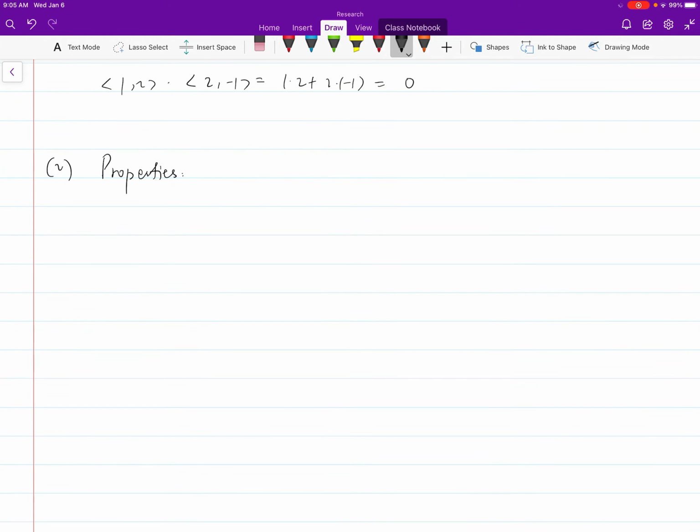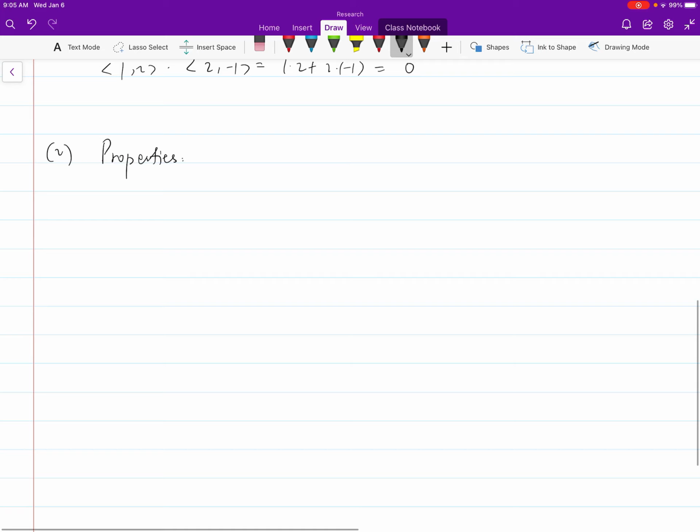Okay, what is the property? Well, number one, if you take a vector and dot it with itself, what's going to happen? It's going to be (A1, A2) dot (A1, A2), and like we said, you multiply the x's and you multiply the y's.